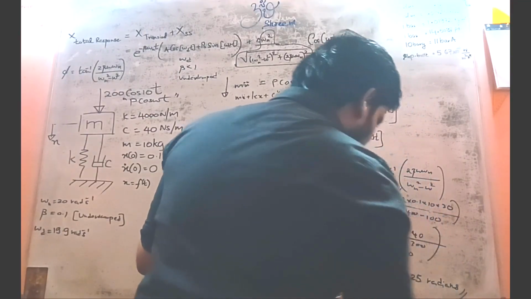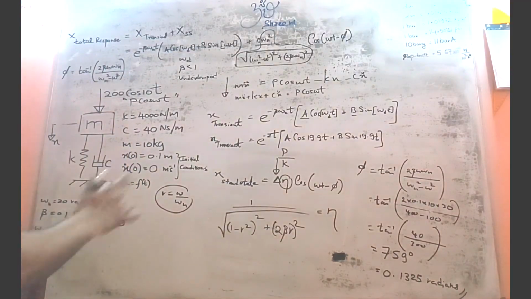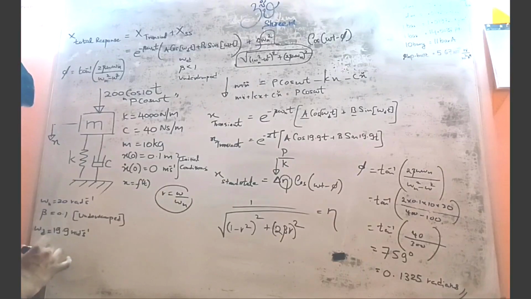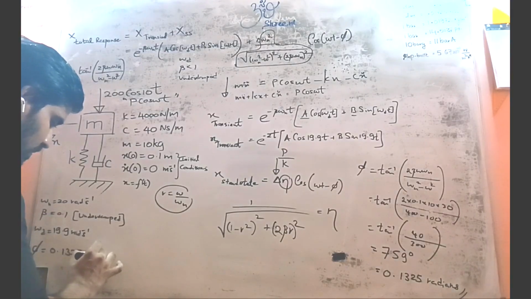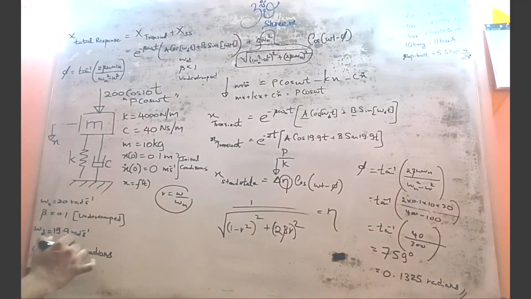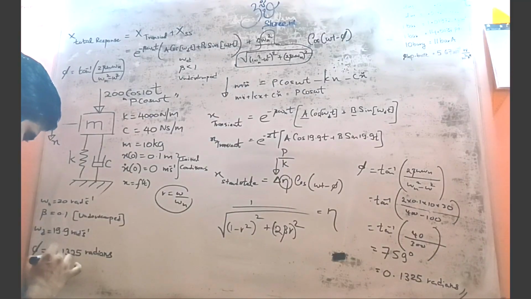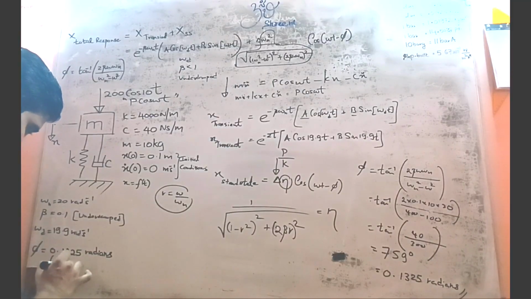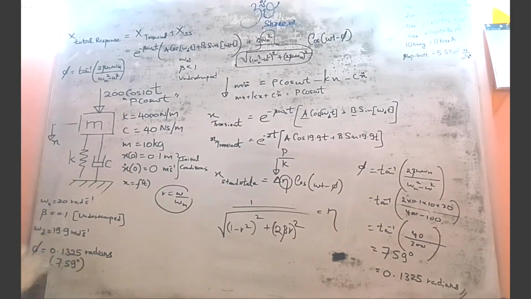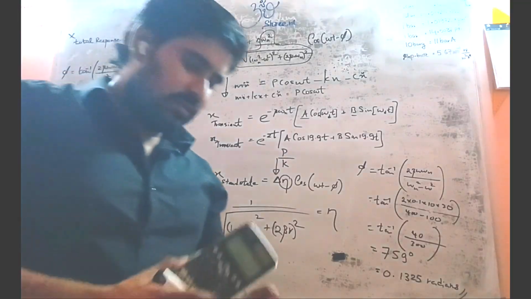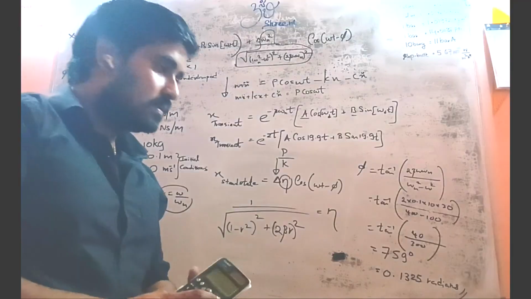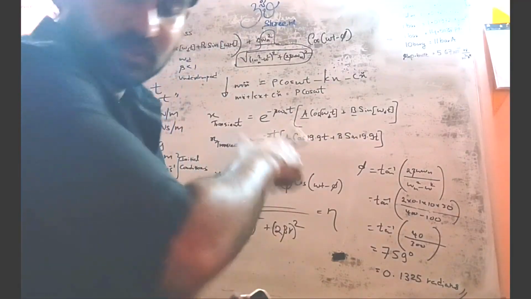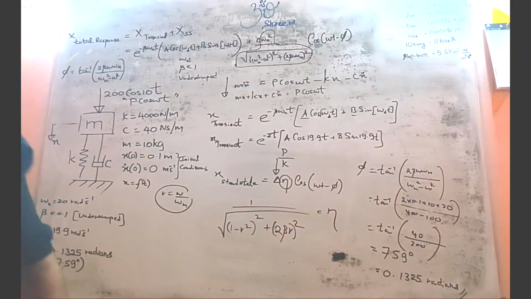So now we are okay with the phase angle, which is 0.1325 radians. Let's write the other value as a reference, 7.59 in degrees. Be very careful to select the appropriate unit in your calculator. So that part is also clear.